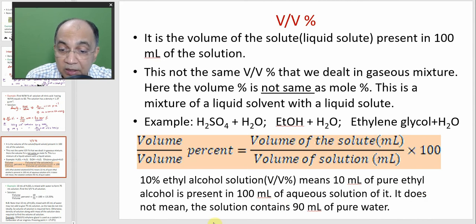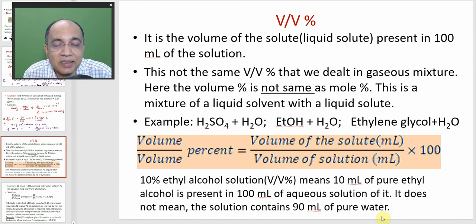It doesn't mean the solution contains 90 ml of pure water. It may contain 89 milliliter of pure water, but when the 89 plus 10 adds, it becomes 100 ml. Those things we'll be knowing in future programs.